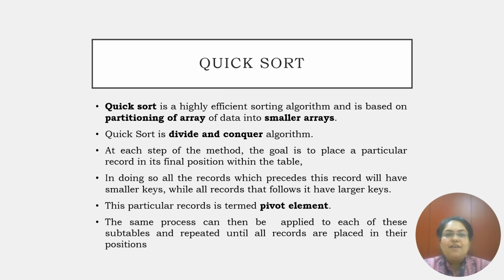At each and every step of the method, the goal is to place a particular record into its final position within the table. In doing so, all the records which precede this particular record will have smaller keys, while all records that follow will have larger keys and will go to the upper part.